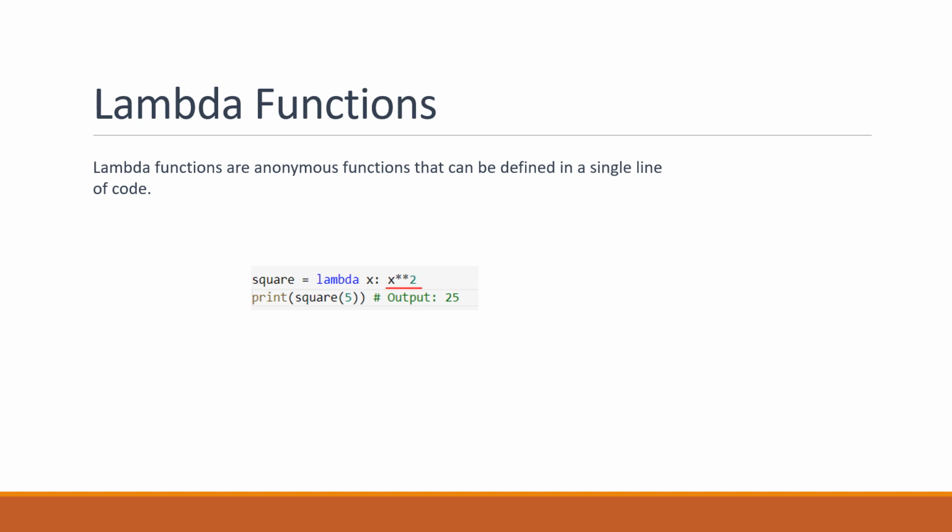Now when I call square and pass the number 5, that means we will do 5 to the power 2, sorry, not 5 to the power 5, which will be equal to 25. So this is the lambda function.